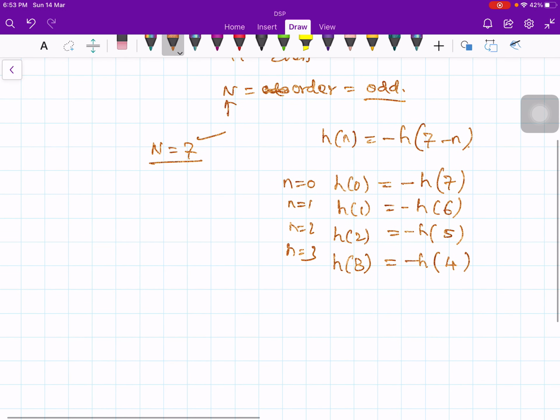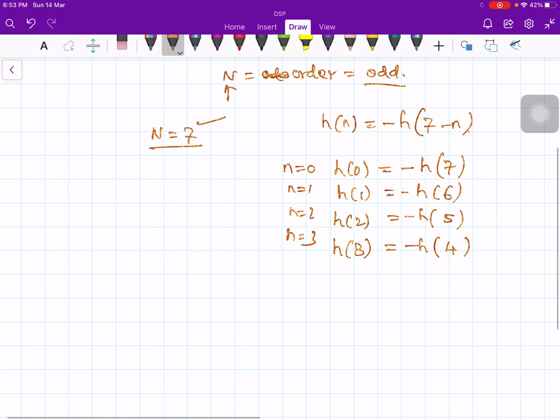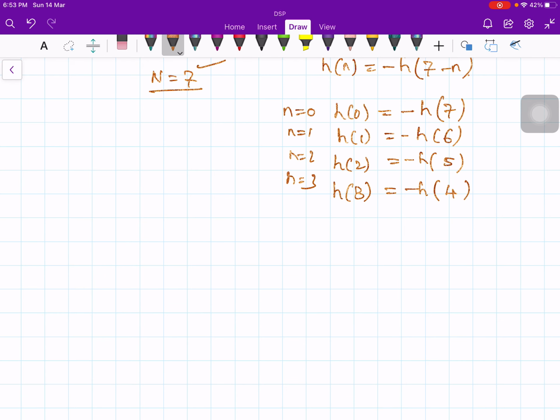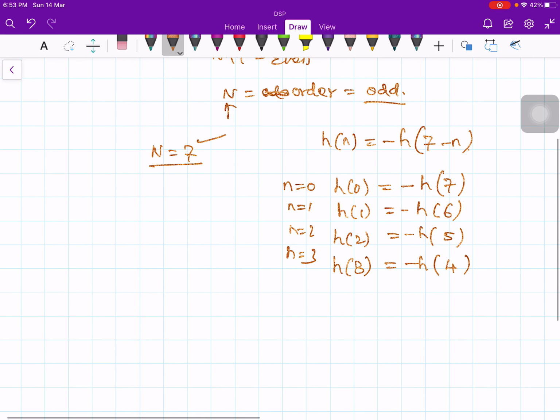Let's verify. I think this is correct. And there is no loner here. So h0 will be equal to minus h7, h1 will be equal to minus h6, h2 will be equal to minus h5, h3 will be equal to minus h4, and there is no loner here.